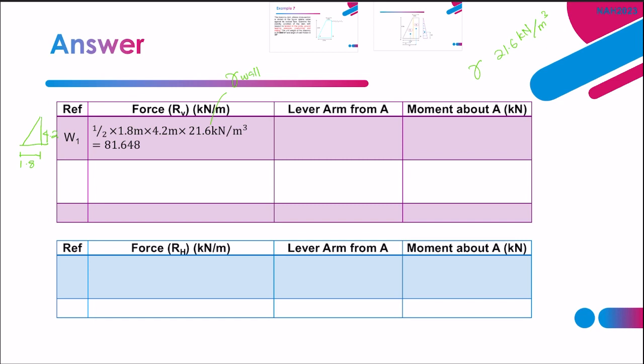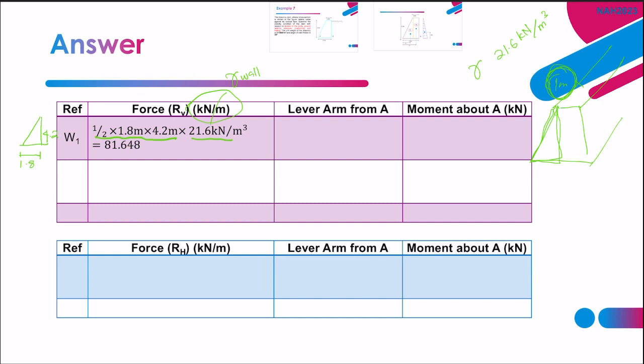However, since the retaining wall, we calculate for every 1 meter, meaning that it extends that way. Okay, so 1 meter, we don't count that, so we just take the area only. That's why it becomes per meter here. This is its area, multiplied by the unit weight. Then we get 81.648 per 1 meter length of retaining wall.